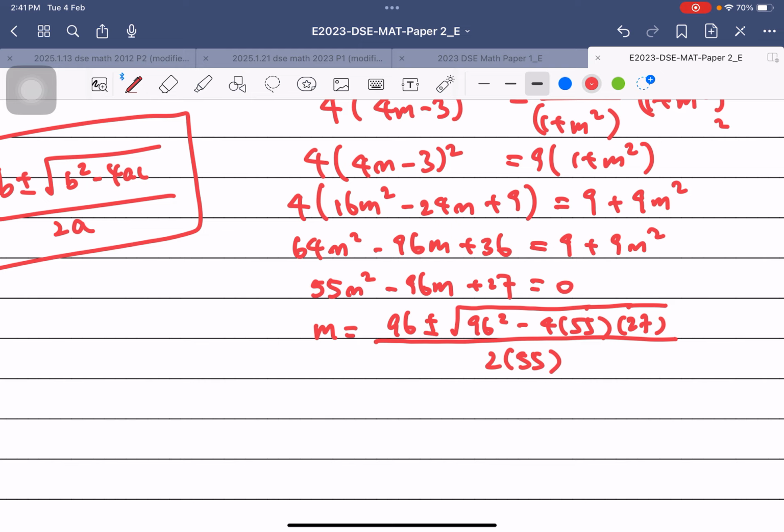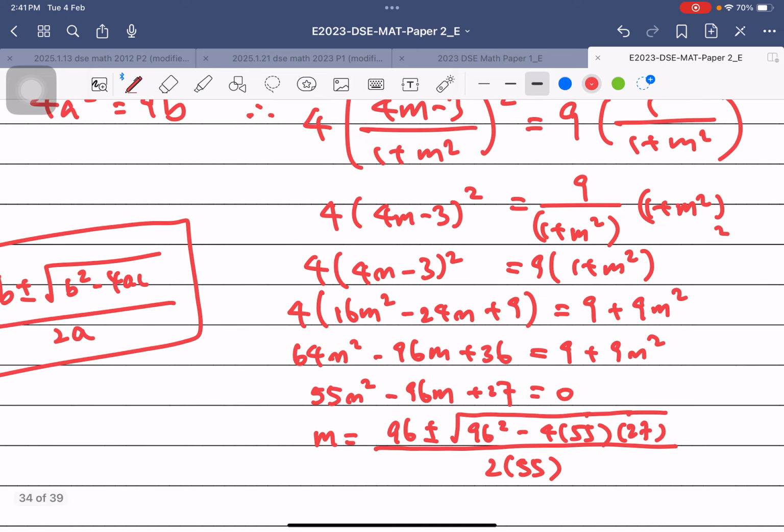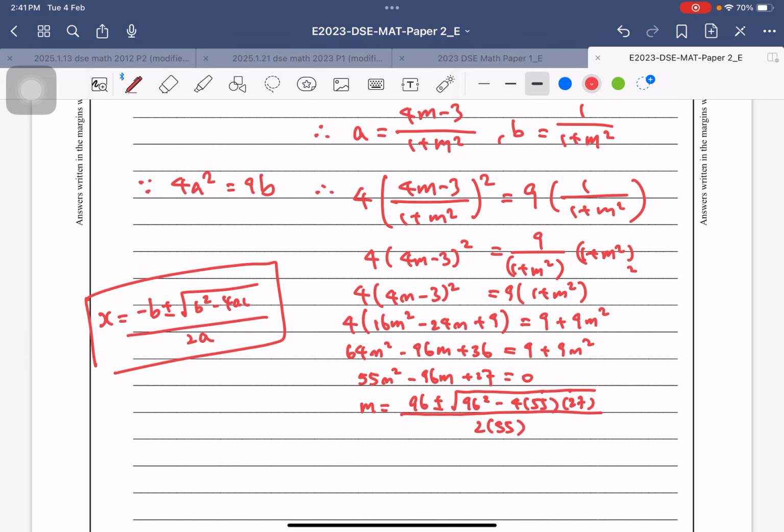Negative b, negative of the negative is positive.